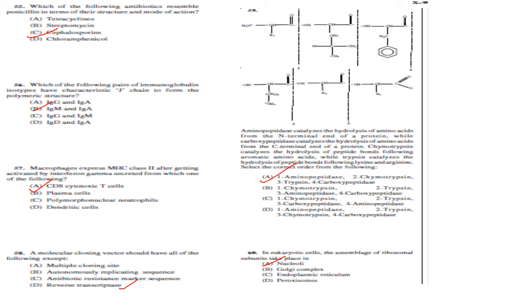Then aminopeptidase catalyzes the hydrolysis of amino acids from the N-terminal end of a protein, while carboxypeptidase catalyzes the hydrolysis of amino acids from the C-terminal end of a protein. Chymotrypsin catalyzes the hydrolysis of peptide bonds following aromatic amino acids, while trypsin catalyzes the hydrolysis of peptide bonds following lysine and arginine. Select the correct order from the following.